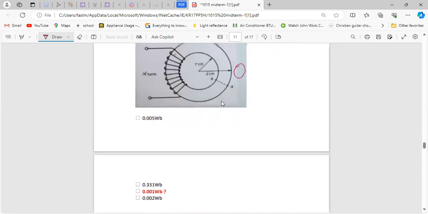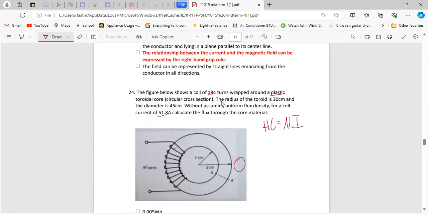We could use Ni equals phi R, because flux is what we want. So we just transpose: phi equals Ni over R. Since we already have N and I, the only thing we don't have is R, so we just have to calculate R.